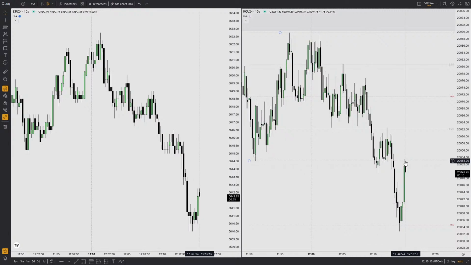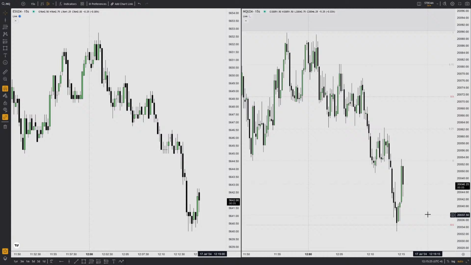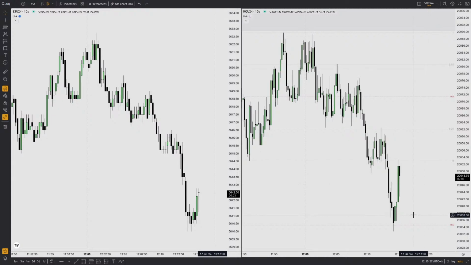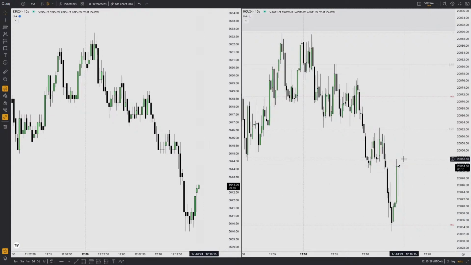Right, we tag the low. I'm looking for a stop hunt within that particular order block.